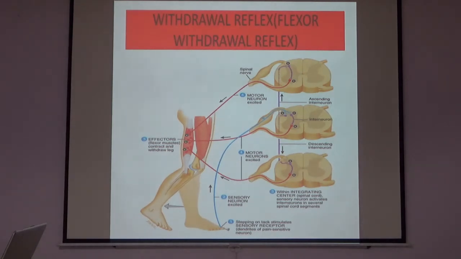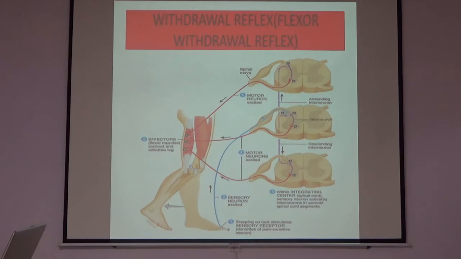So the withdrawal which happens due to that noxious or painful stimulus brought by the nociceptors of the skin, tendon or muscle is this protective reflex, also called the withdrawal reflex. The whole arc of this withdrawal reflex, the reflex arc, is shown diagrammatically here.